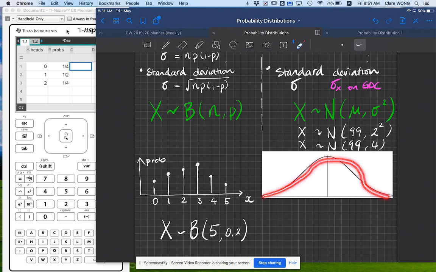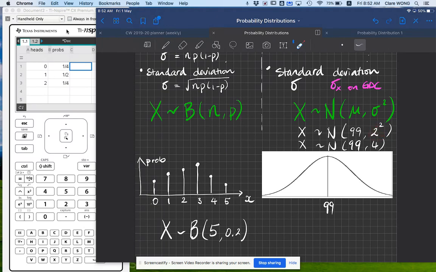This bell-shaped curve, symmetrical about the mean. The mean given to you, for example, using my example, it would be 99. So 99 here. We need to make use of the standard deviation too. Like this. So how does it spread out?